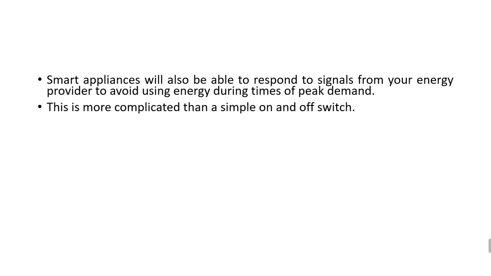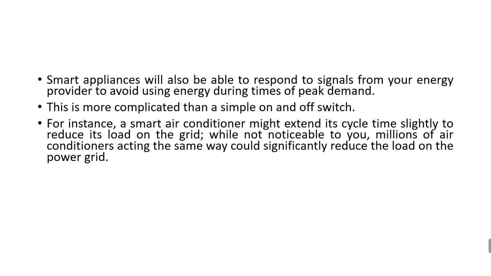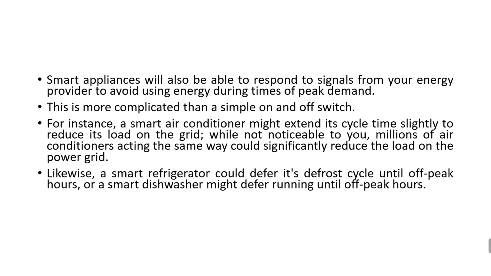Suppose a smart washer is directly able to communicate with the utility, and the utility is sending a signal that at this time the power price is high, so that washer will not work in that particular duration. It will automatically turn on in the lower demand period where charges will be low. Although this process is more complicated than a simple on or off, it can communicate directly with the utility companies.